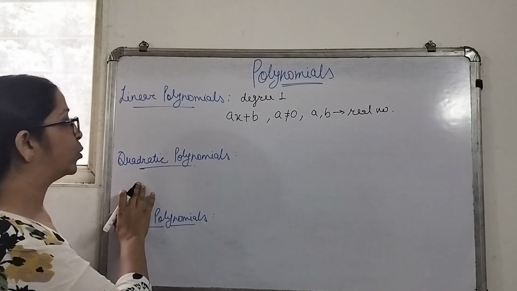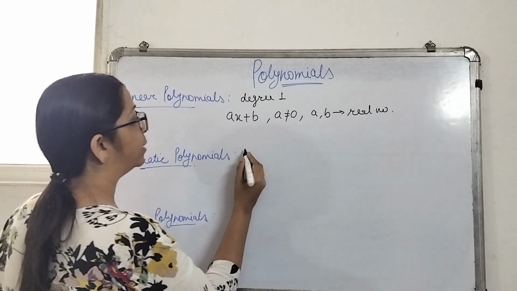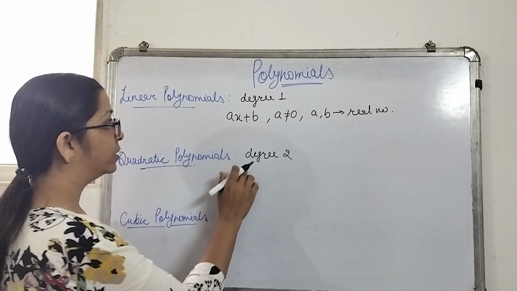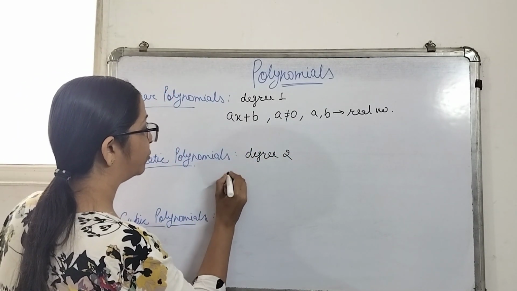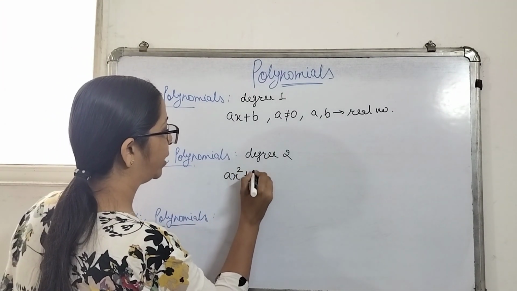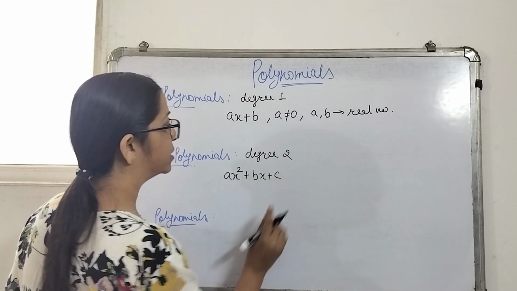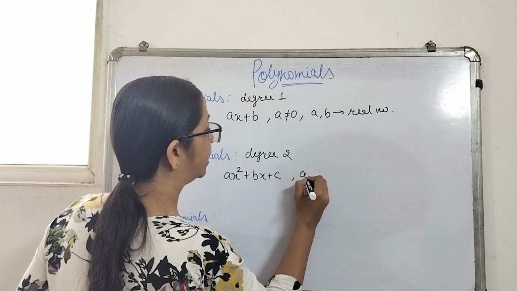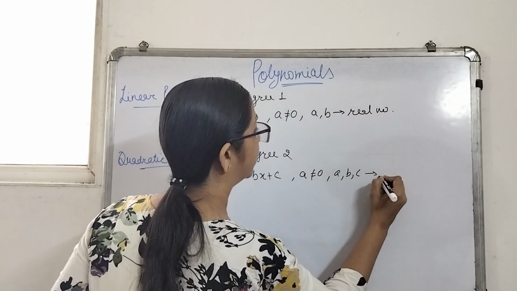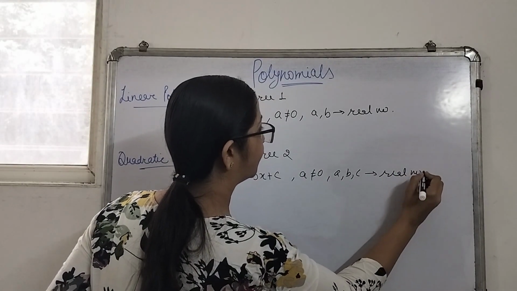Quadratic polynomials are the polynomials whose degree is 2. The general form of a quadratic polynomial is ax square plus bx plus c, where a should not be 0 and a, b, c are any real numbers.